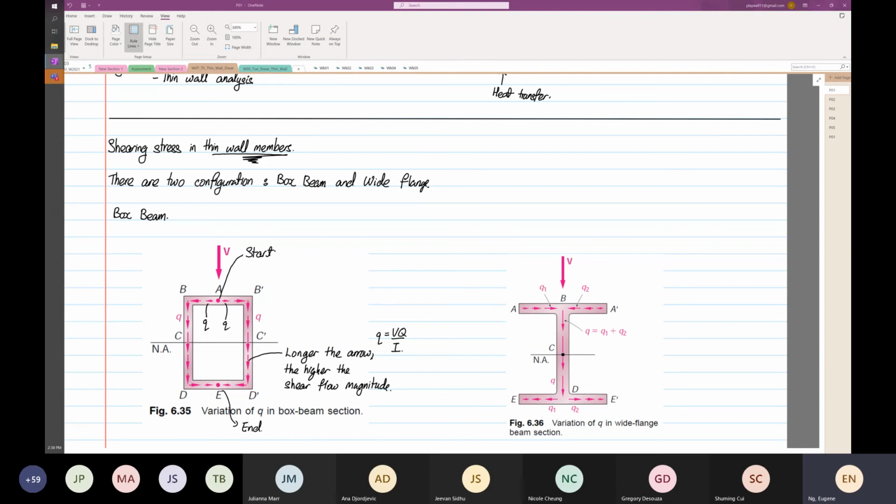On a box beam, from A the shear flow will go one towards the left and one towards the right. And the controlling direction, like what I taught you before when I introduced shear flow, is the web. So the shear flow direction is controlled by the web.